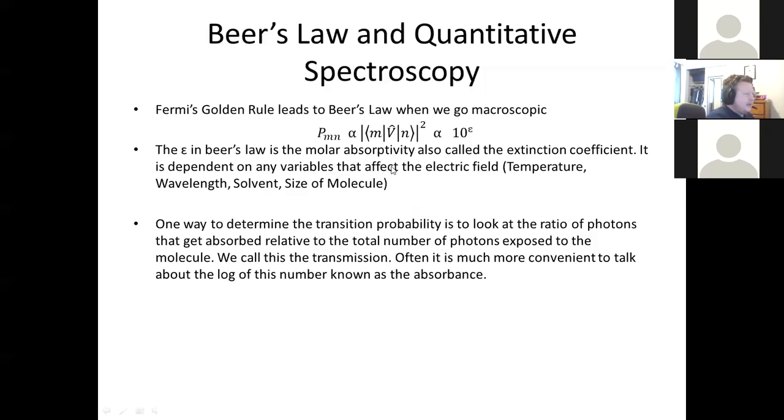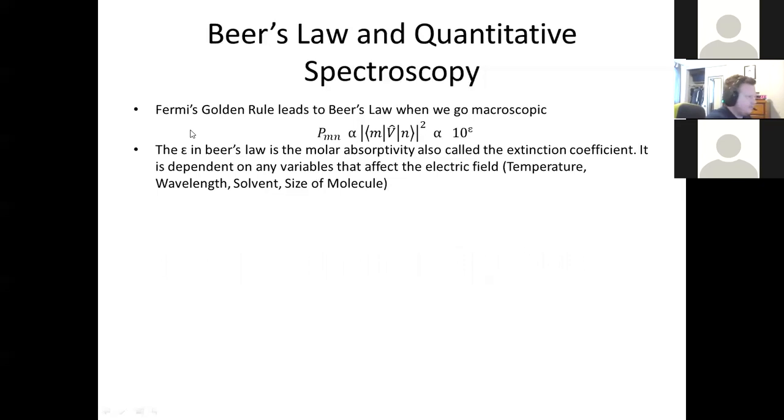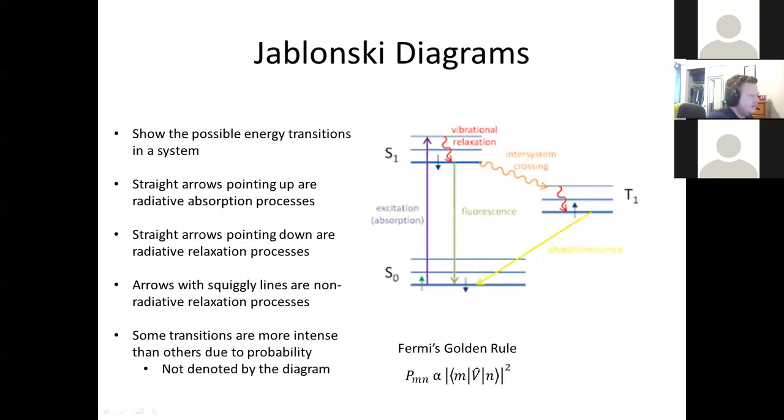When we think about it, it ends up being 10 to the E, and this is just unit conversion stuff. But really, how this applies is, okay, the probability of a transition is how much. If we go back real quick to the Jablonski diagram, this is our photon energy, the wavelength of energy that we're putting in. We're putting in a whole bunch of these photons. Some of them get absorbed, some of them don't.